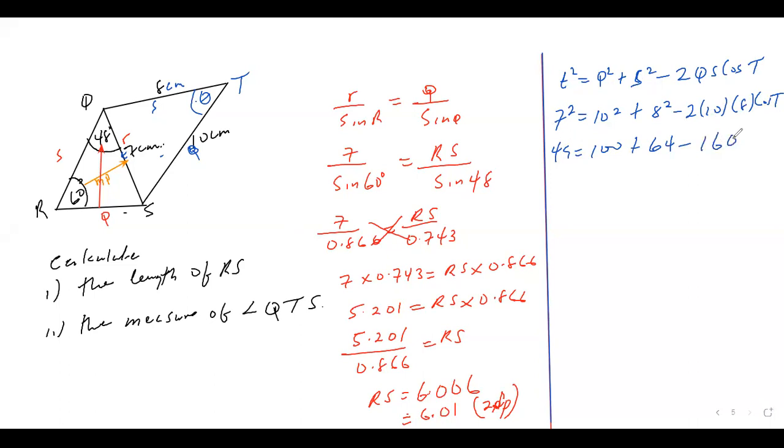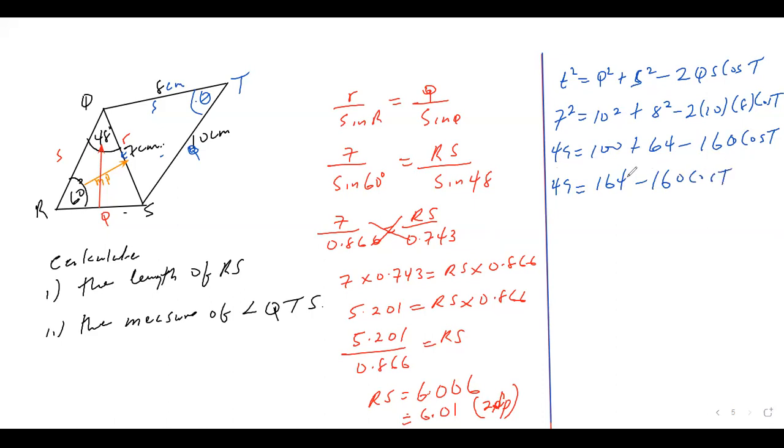Am I right? Okay, check it and see if we're good so far up to this point. Sir, it is correct. Okay, then we are going to have 49 is equal to, we add this one, gives me 164 minus 160 cos T.